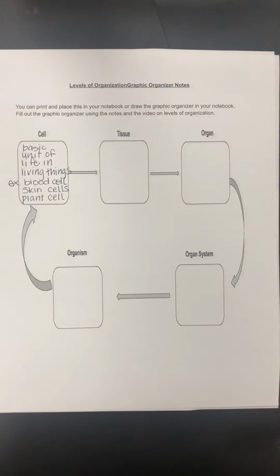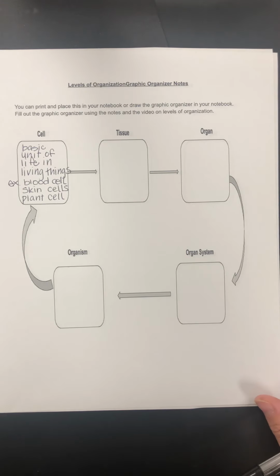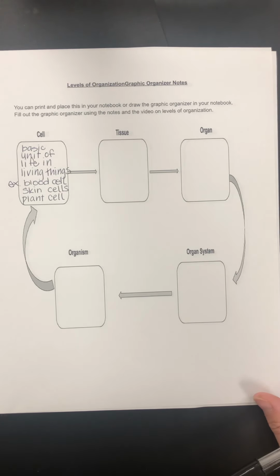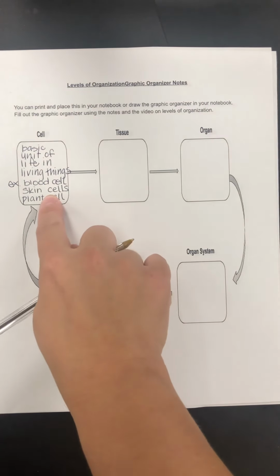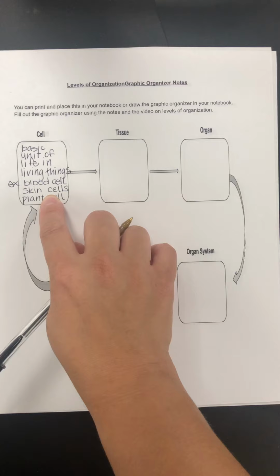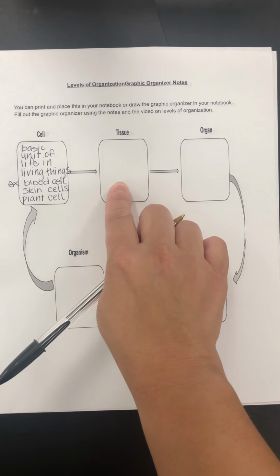They could also be a single-celled organism like an amoeba or a paramecium, which you should have learned in 6th grade.